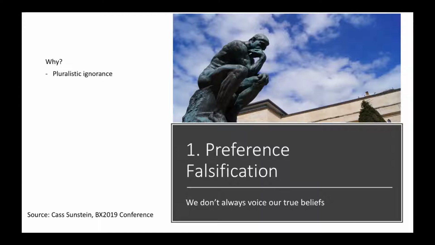The first one is that we might not always be aware of what the majority feels and thinks about an issue. And that, in combination with our desire to be accepted by the majority, can make us say the opposite of what we believe, or to be silenced, to not say anything.